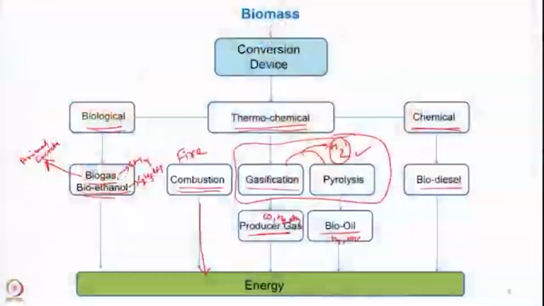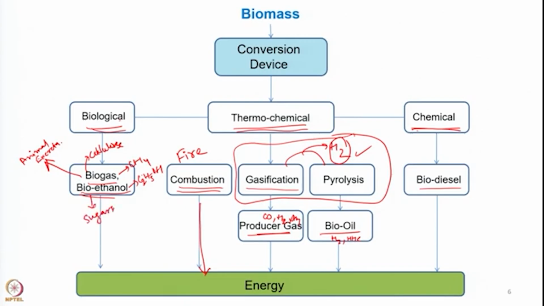So for biogas, this is cellulose. For bioethanol, it is mainly the simple sugars. And for the chemical pathway, it is fats, which will be converted to biodiesel.